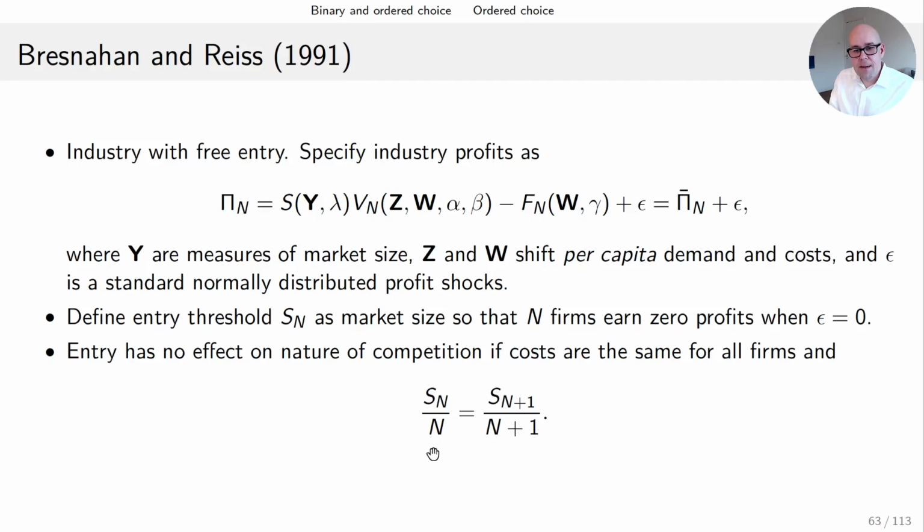So I can, of course, calculate this quantity here, and I can take the ratio of these two. And if the ratio is close to 1, then it would be the case that entry has no effect on the nature of competition. If, and that's a big if, of course, costs are the same for all firms, so if there's a certain symmetry going on in the background.